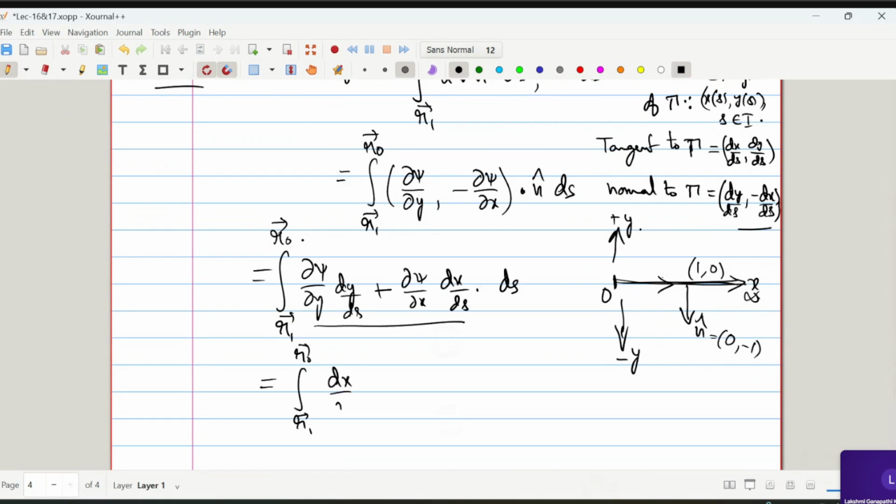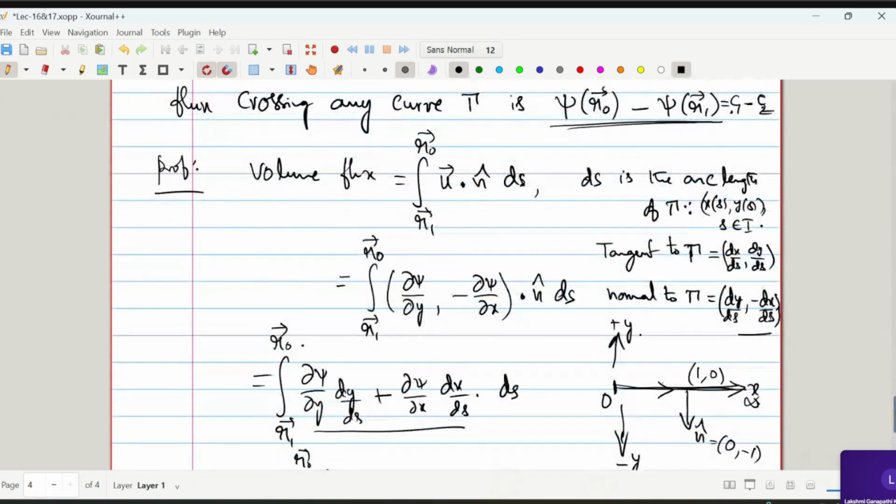It is d psi by ds, the total derivative divided by ds. This gets cancelled. If you integrate, it is simply the integral of d psi, so psi at r naught minus psi at r1.